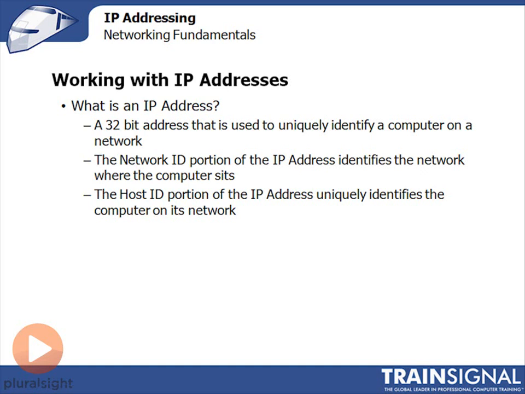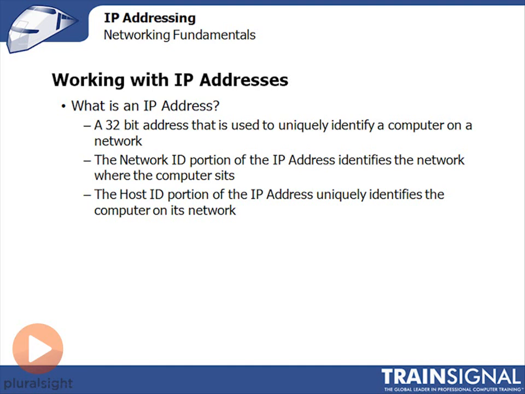Now, if we take this 32-bit number that is used to uniquely identify a computer on a network, I suppose I should talk about that it's uniquely identifying a computer. It's an address that every computer within a network must have and must be unique from every other computer, or really instead of just computers, we should say hosts, because computers have IP addresses, and then other networking devices like a router would also have an IP address. So they all must be unique, but here's the deal.